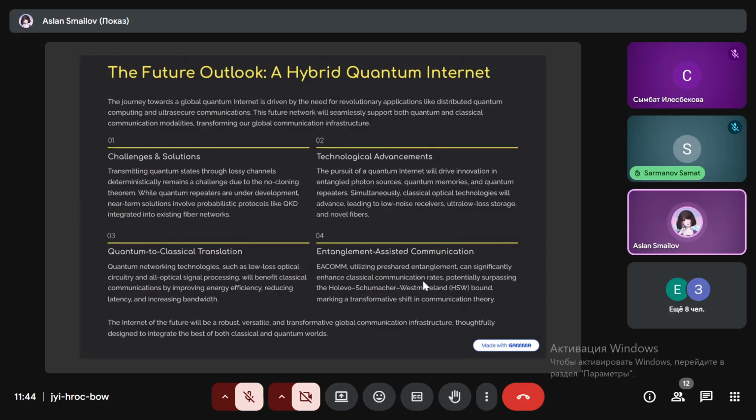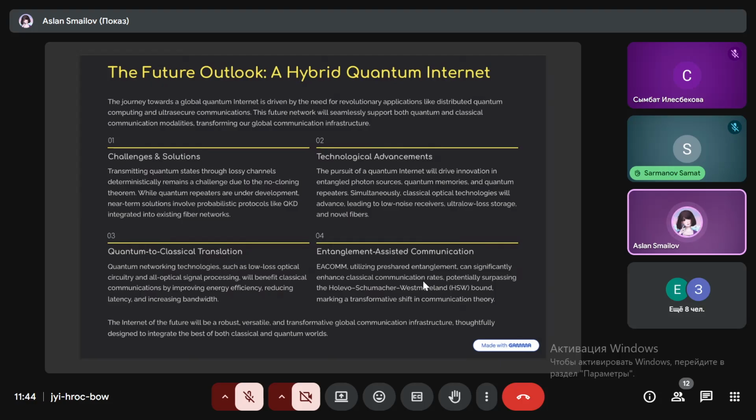And the quantum channel carries quantum states of photons, such as quantum keys, which means QKD, integrated photons, and quantum bits, like qubits. The key difference is that if someone tries to intercept a photon, its quantum state collapses, and the system immediately detects the intrusion.